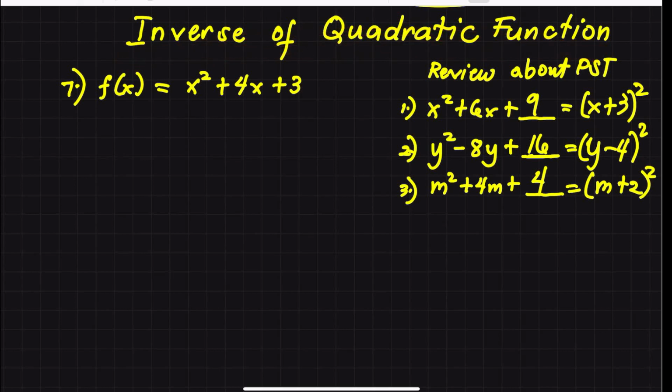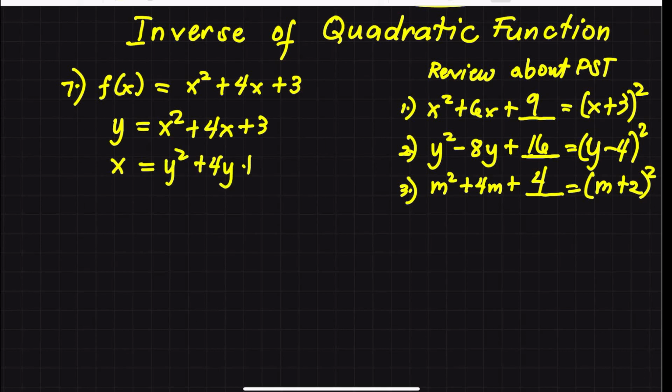Okay? So, unang step sa paghahanap ng inverse ng function, yung f of x gawin muna nating y. y is equal to x squared plus 4x plus 3. Pagkatapos, yung y magiging x. Tapos yung x magiging y. So, x equals y squared plus 4y plus 3. Okay.